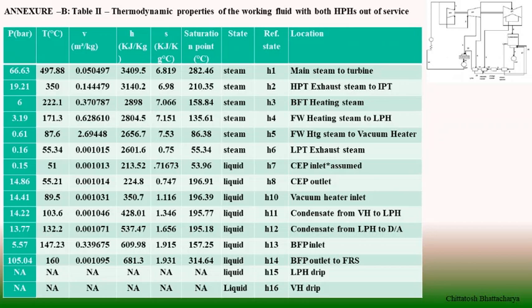Here is the list of thermodynamic properties at various parametric conditions, at different pressures, at different locations, with reference to both the HP heaters when they are out of service and we are running the unit at maximum continuous rating. So this database is utilized to calculate the efficiency as well as heat rate as shown in the previous slide.